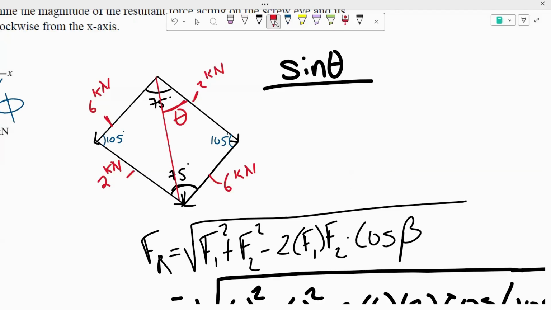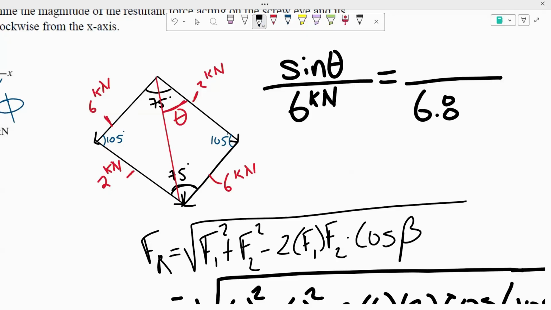Because as we know, sine is opposite over hypotenuse, right? So the opposite side of that is 6 kilonewtons. And then here we're going to use the resultant force that we found earlier, which is 6.8 kilonewtons.